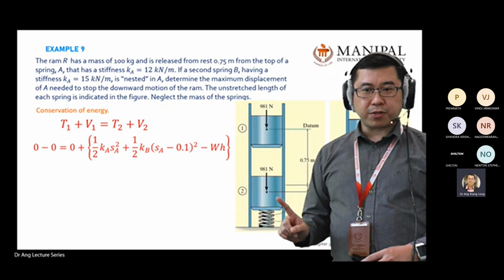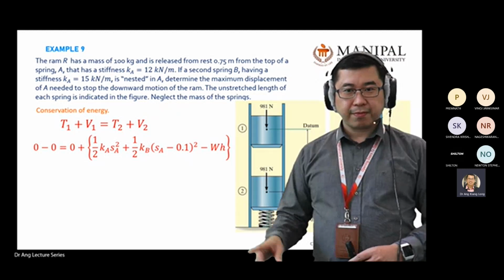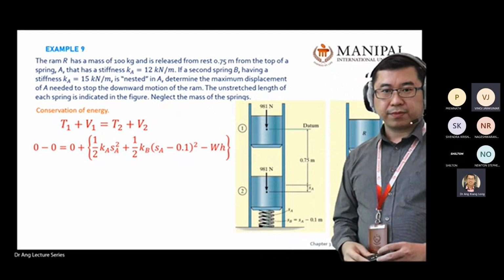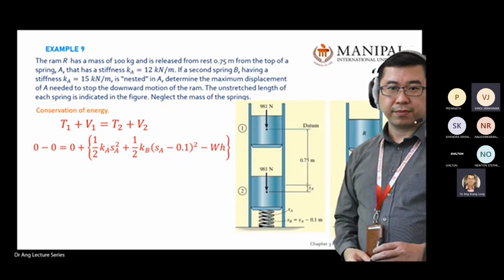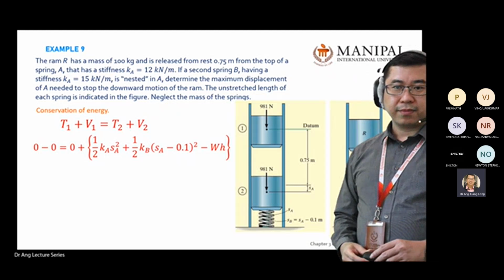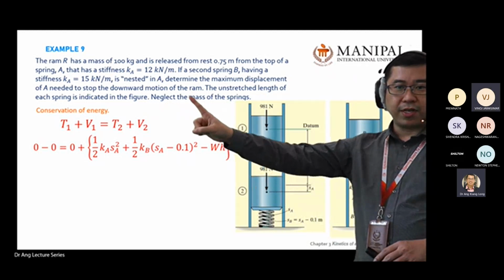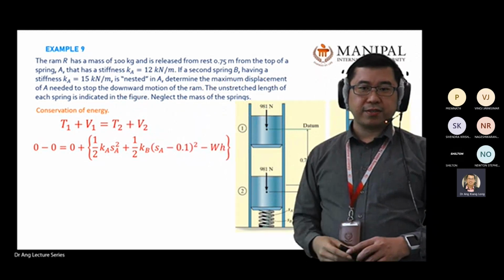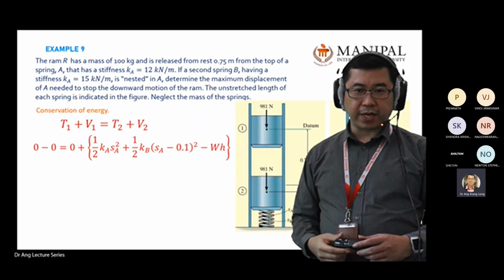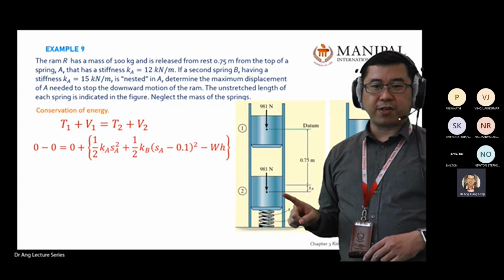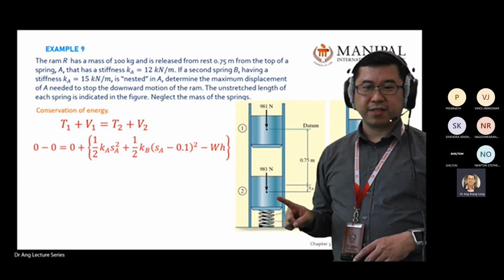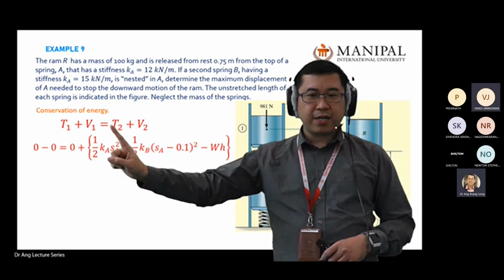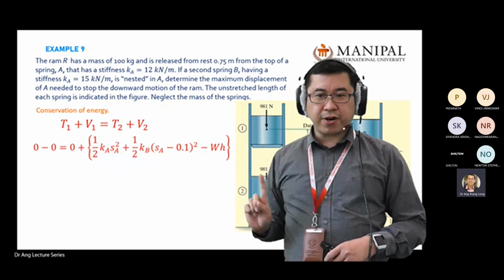What is the velocity at position 2 for the ram? Anything from here tell you that? Can you relate this statement? What do you need to find? Sir, it stops. Okay. So when it stops, what is the velocity? It becomes 0. So half mv squared of your ram becomes 0.